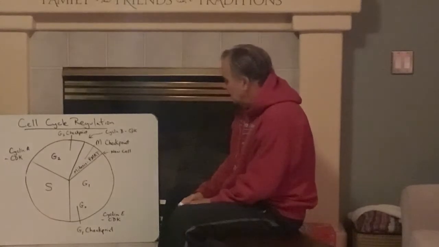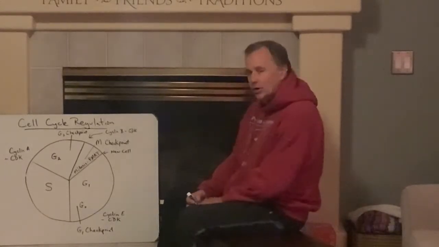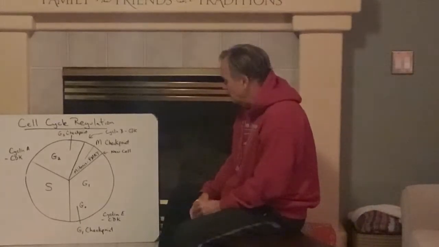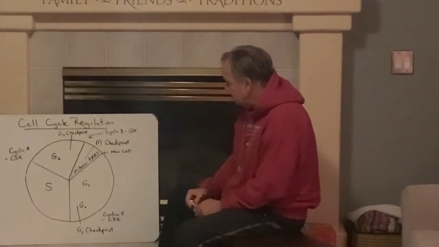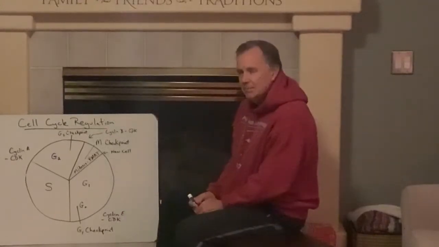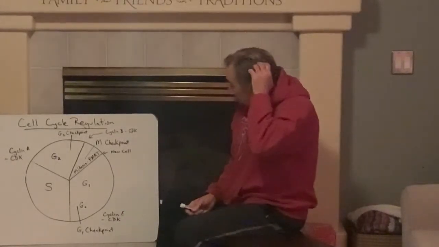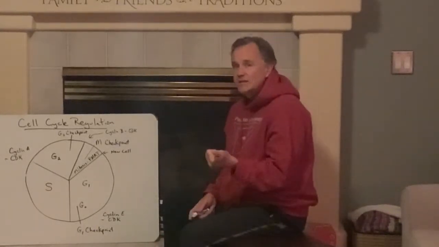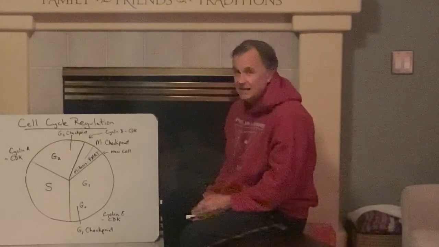To do that, there's an interaction. There's a group of proteins called cyclin proteins. They're specific, but they bind to an enzyme called cyclin-dependent kinases. If you recall, kinases are enzymes which add phosphates to proteins to make them active.